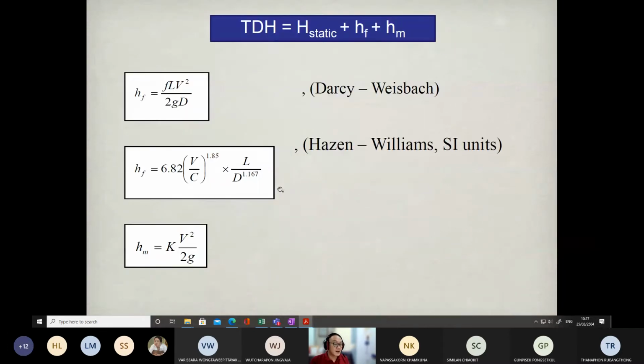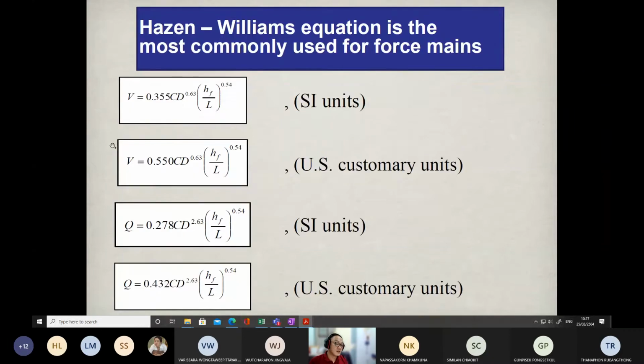From this equation, we can rearrange and express it in terms of V, and sometimes in terms of Q. For the SI unit, V is equal to 0.355 C D to the power of 0.67 times loss divided by length to the power of 0.54.